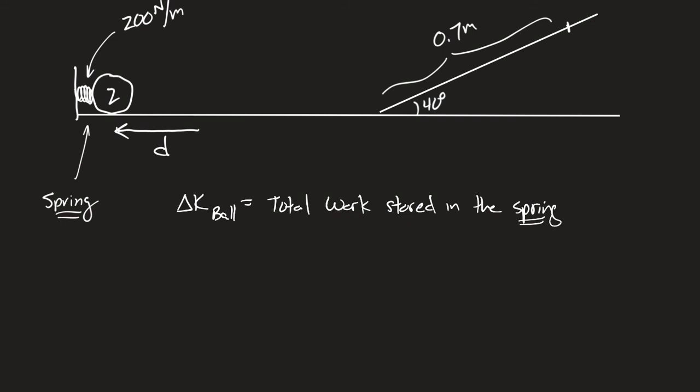So instead of calculating it using calculus, I'm going to state that the energy stored in the spring is 1/2 kx squared, which currently is 1/2 times 200 times d squared.